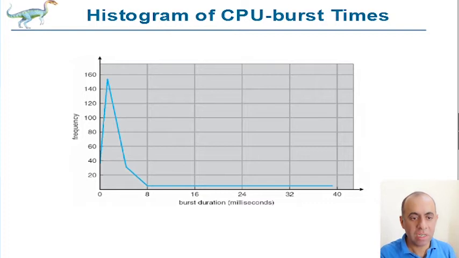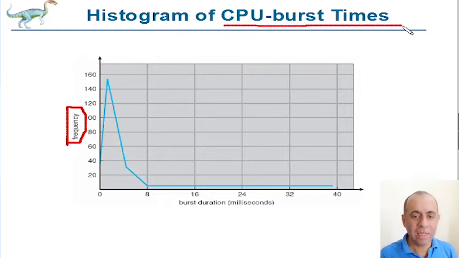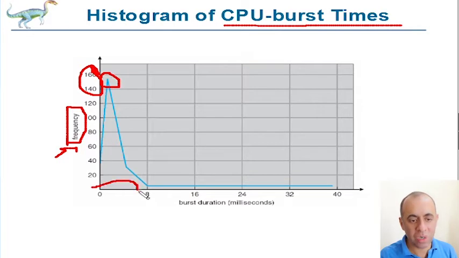So this graph shows us that most of the programs, this frequency shows the number of programs. Testing was done on various programs, on CPU burst times of real life programs, and the results came out to be that the number of programs which are really high in frequency have a CPU burst duration which is very small.